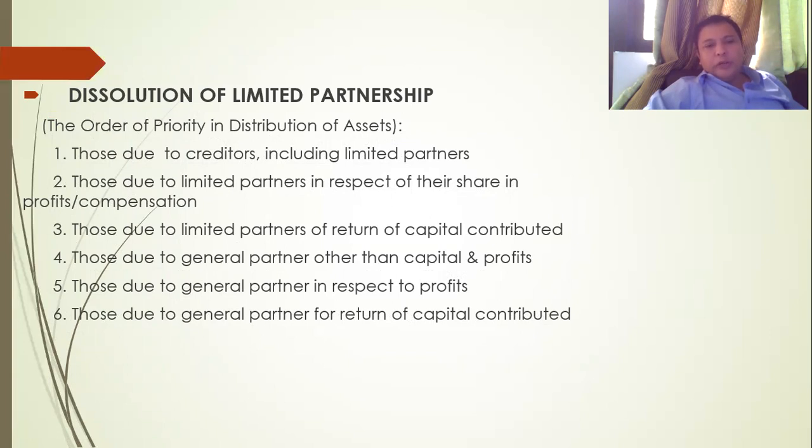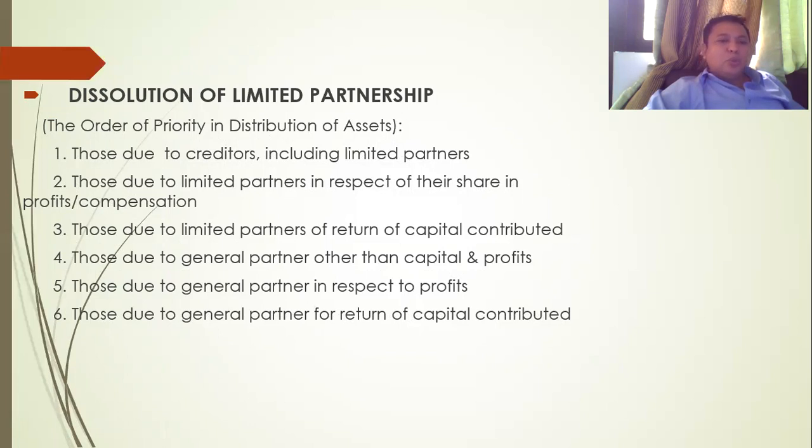So the first, in the settling of accounts, are those due to creditors, including limited partners. So creditors, meaning third persons. So if the partnership owes money to the bank, the bank should be paid first. Limited partners are also creditors of the limited partnership. So kaning limited partner, he is also a creditor.